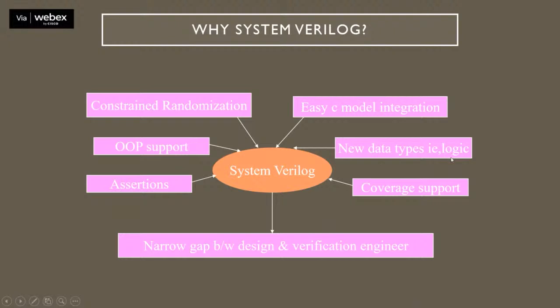There are many data types, but when we are familiar with Verilog, we usually work with the data types reg and wire. But here you have a data type called logic, which actually gives us more features when it comes to System Verilog.